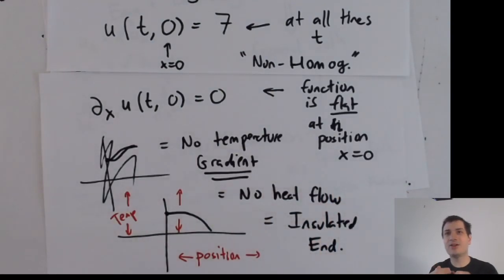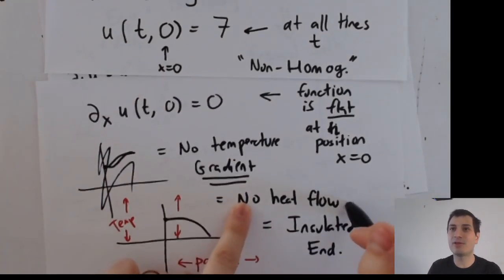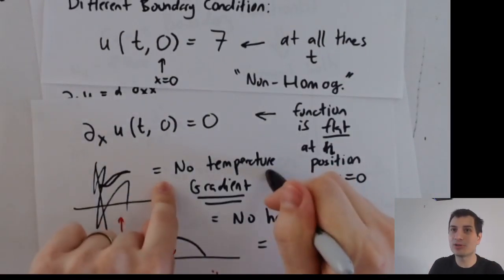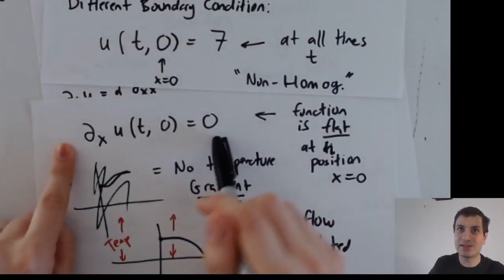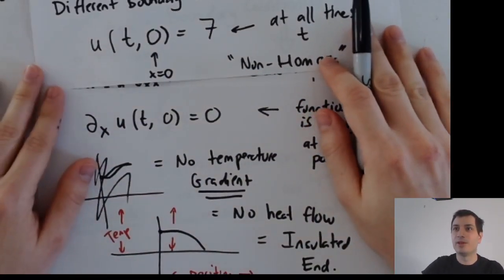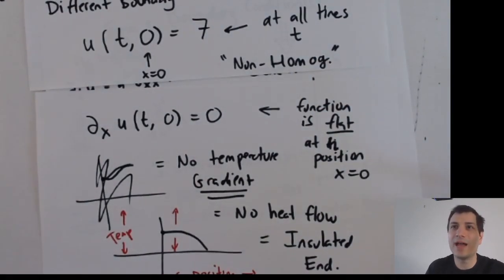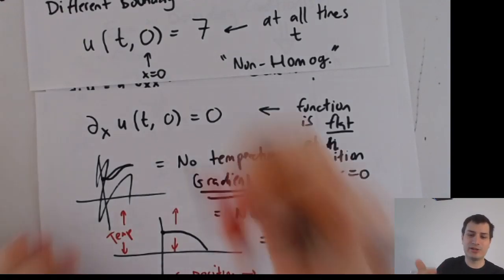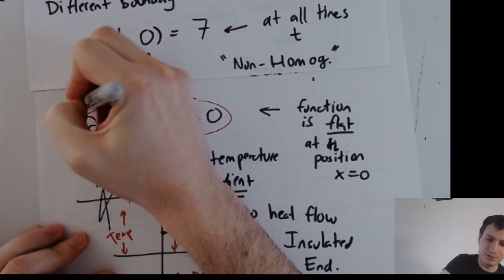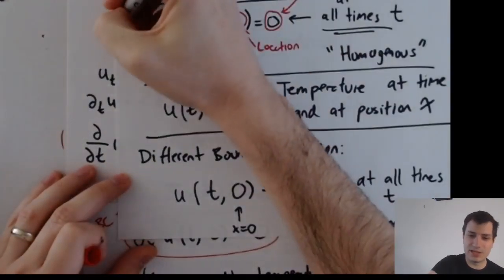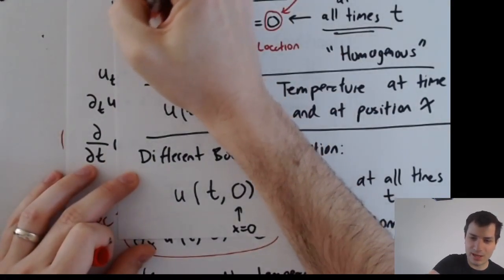If you put an insulator at the end of the rod so that heat cannot flow, that will cause no temperature gradient, because heat flowing happens exactly when there's a temperature gradient, and that is exactly this boundary condition with the derivative. Okay, so that is boundary conditions. These are the two types of boundary conditions we're going to look at. This one is boundary condition type 2, and this is boundary condition type 1, and those are the two we're going to work with today.